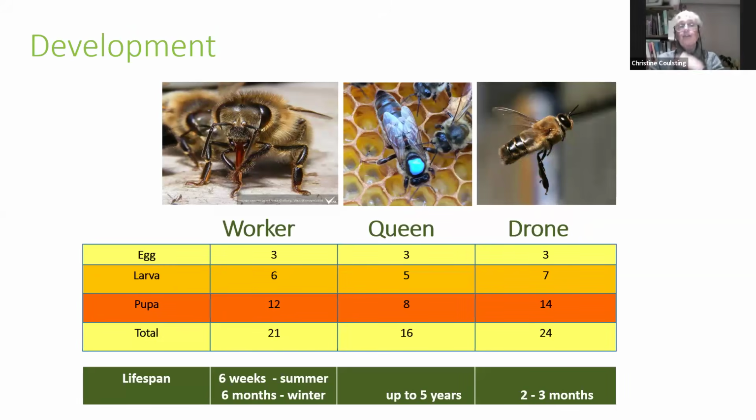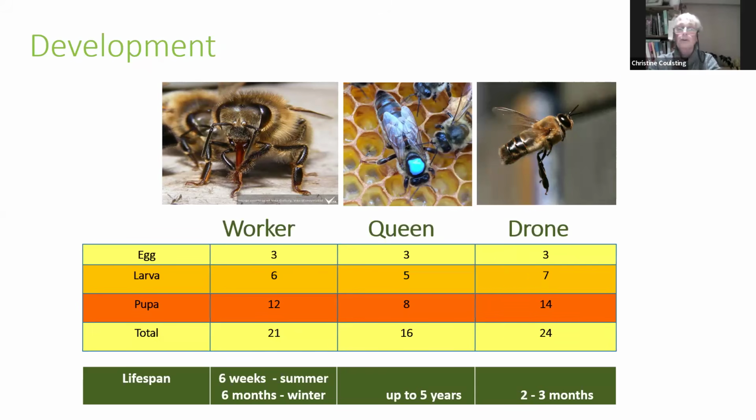So remember, this is something which at the stage of general husbandry, you will need to know off by heart. So do learn the timings. Worker 3, 6, 12, 21, queen 16 days in total, and drone 24 days, and their lifespan.